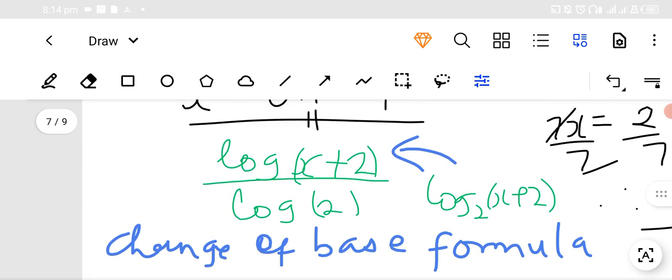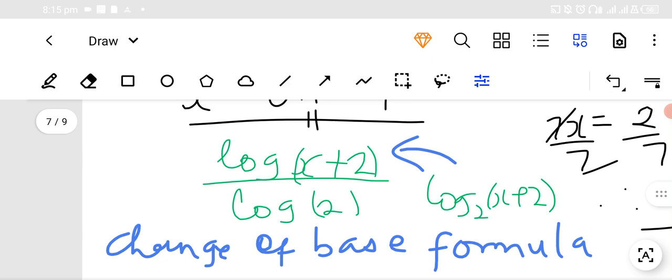So let's try. So x plus 2, x was 2 over 7. So 2 over 7 plus 2, you're going to have 2 remainder 2 over 7, which is the same as 16 over 7.